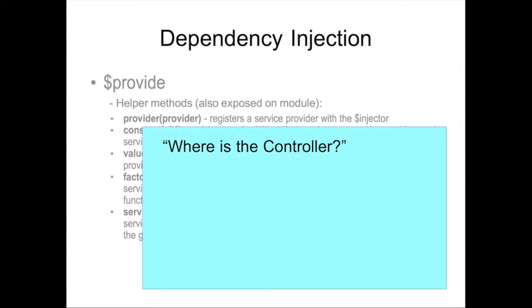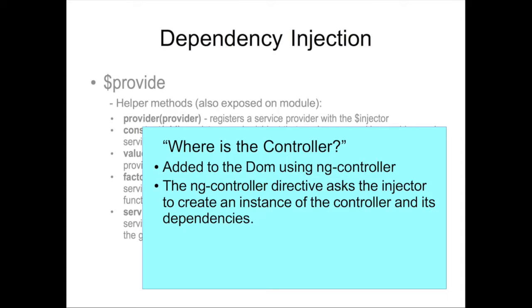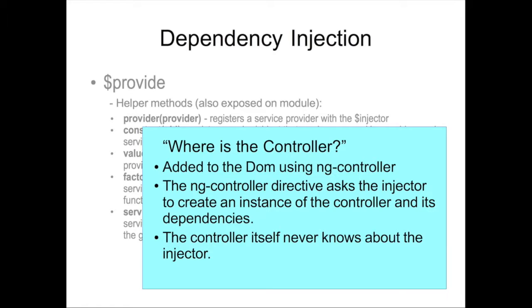And a pop-up. Where's the controller? Controllers are added to the DOM using ng-controller, among other ways of getting a controller. The ng-controller directive asks the injector to create an instance of the controller and its dependencies. The controller itself never knows about the injector, and loose coupling is maintained. So controllers come and go.